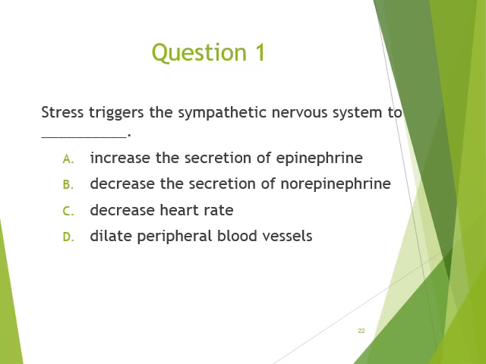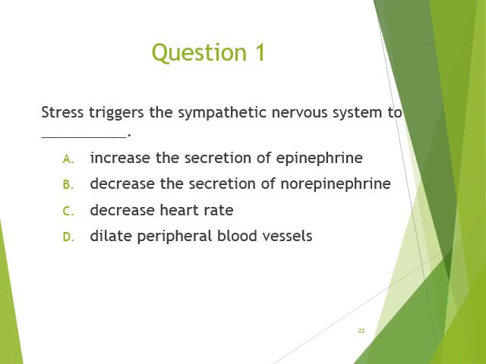So stress triggers the sympathetic nervous system to what? Give you a second. You've had a second to look at this probably already while I was talking. So what's the right answer? It's A. So stress triggers the sympathetic nervous system to increase the secretion of epinephrine. This is one of our sympathetic nervous system responses. The epi, and actually the norepi is increased, so when it says decrease, that's wrong, right?